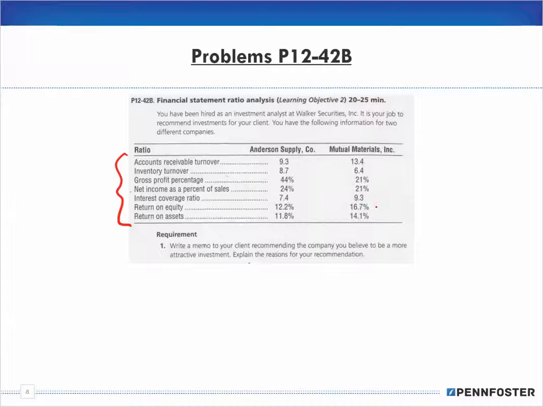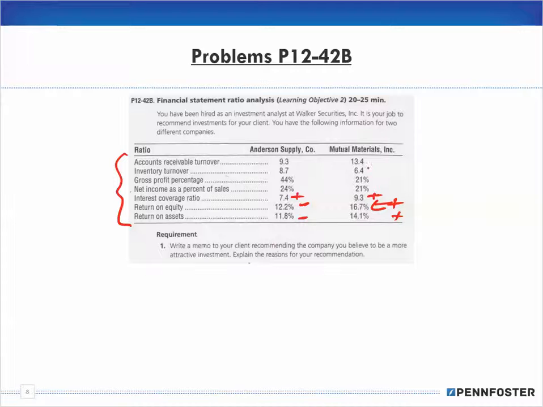The return on equity is better, that's a plus, and versus its return on assets, that's a plus, meaning it's utilizing its equity and being able to pay off the interest on its debt a lot better.